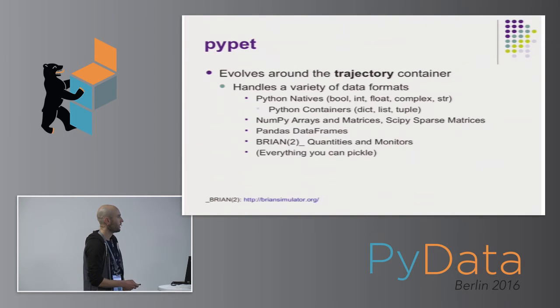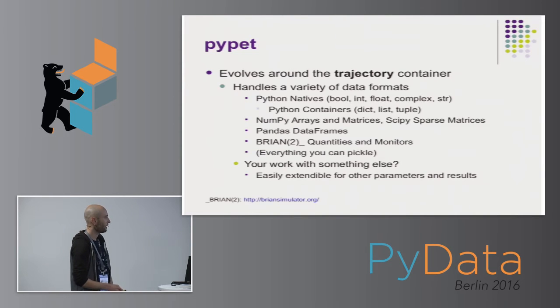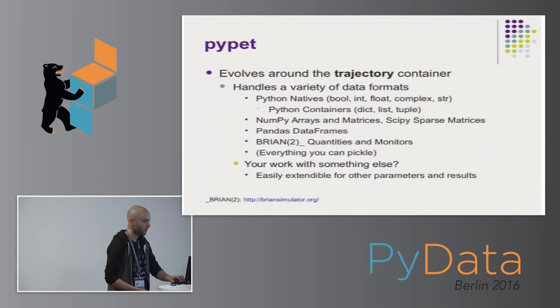So it also likes quantities and monitors of this software. And in brackets here, basically you can chuck everything in there that you can pickle. But I put that in brackets because if you do that, then you don't have any chance to eyeball the data, because reading pickle strings is not nice. And if you work with anything else, there's a very simple API that you can extend and make it work with data that you have.